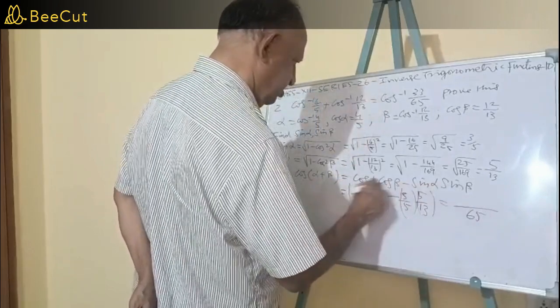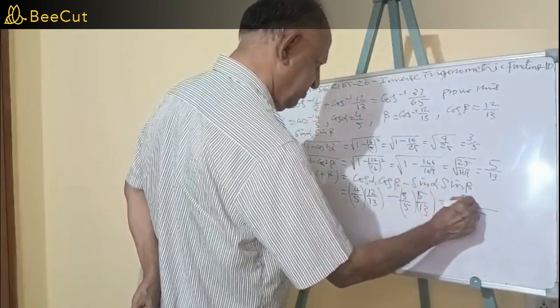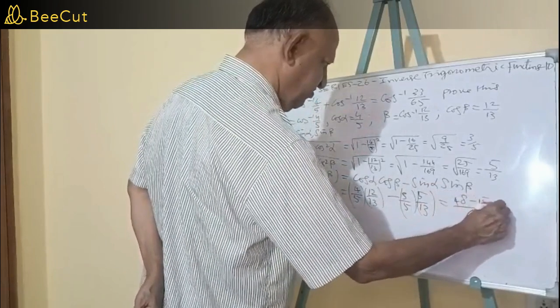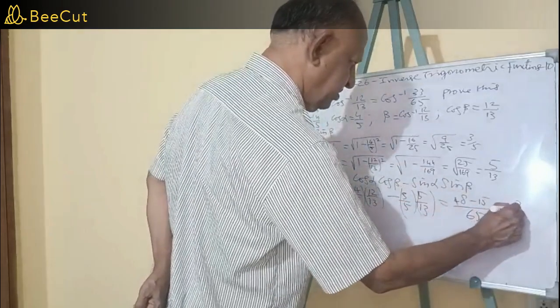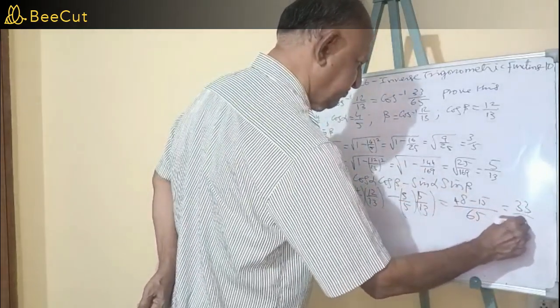Here the numerator will come as 48, here it will come as 15. 48 minus 15 is equal to 33 by 65.